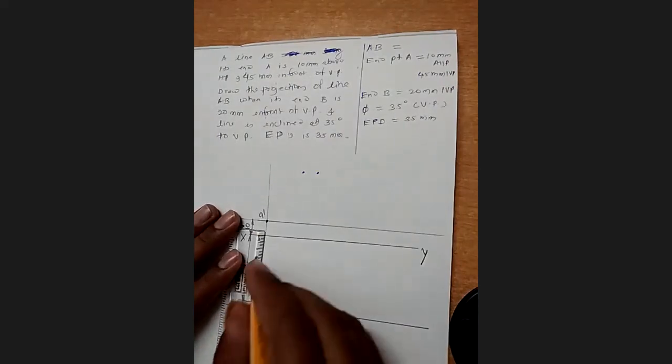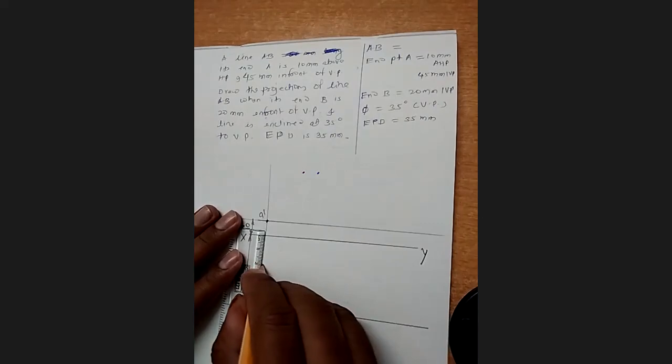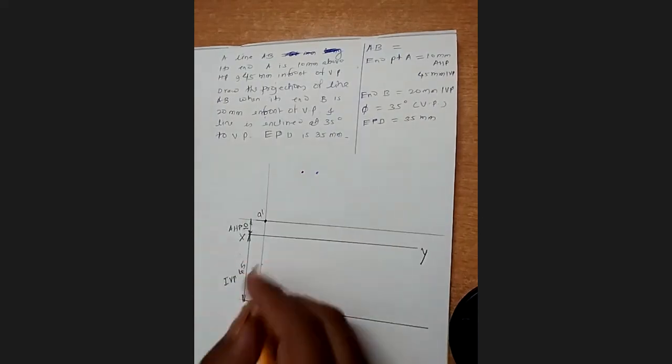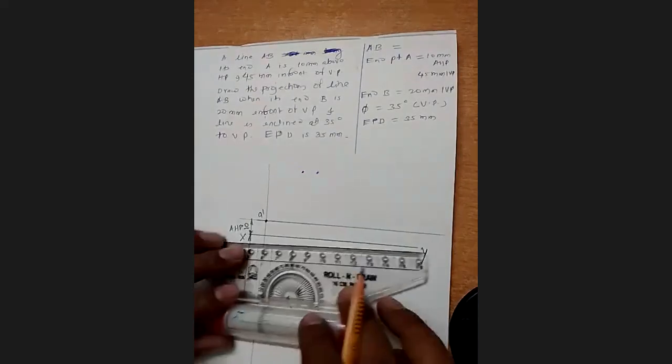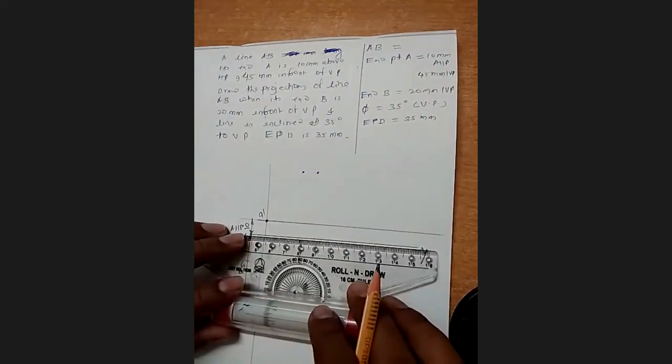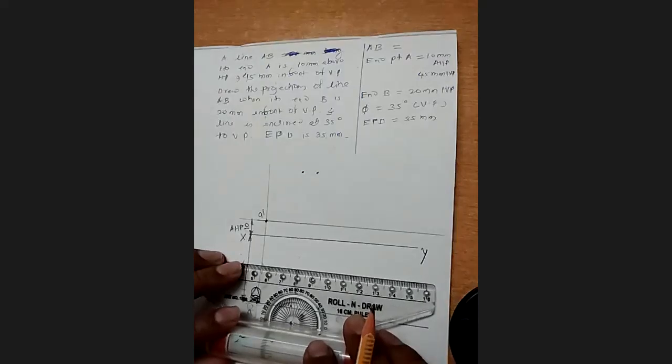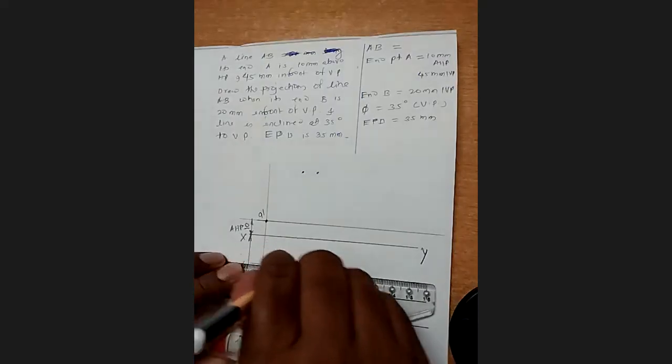That is to be taken. Through this also you should get the line parallel to XY line.